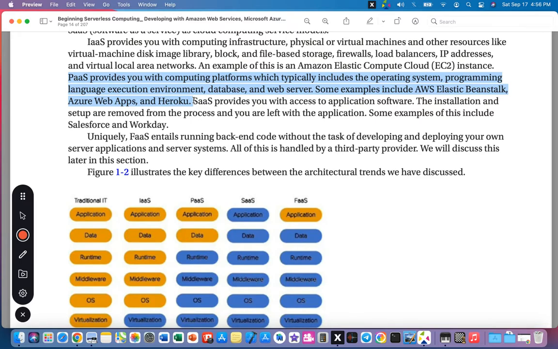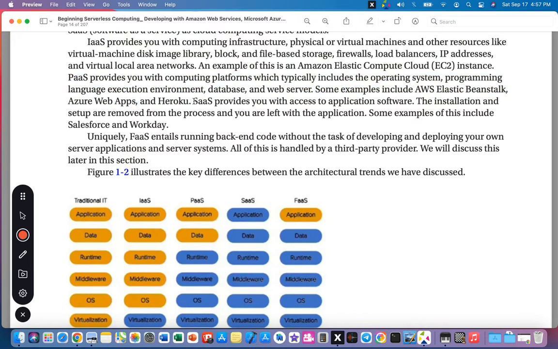So it's like a development environment. Some examples include AWS Elastic Beanstalk, Azure Web Apps, and Heroku. All right, so we talked about infrastructure as a service, and platform as a service.